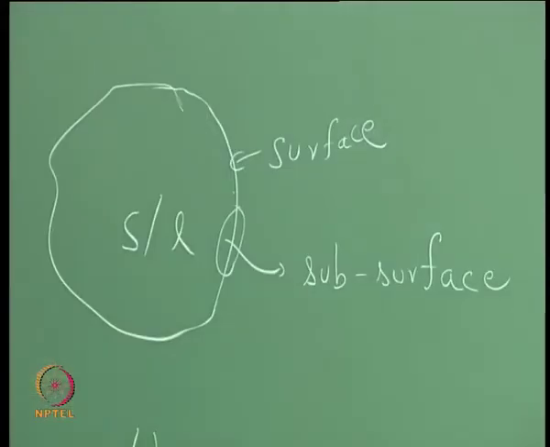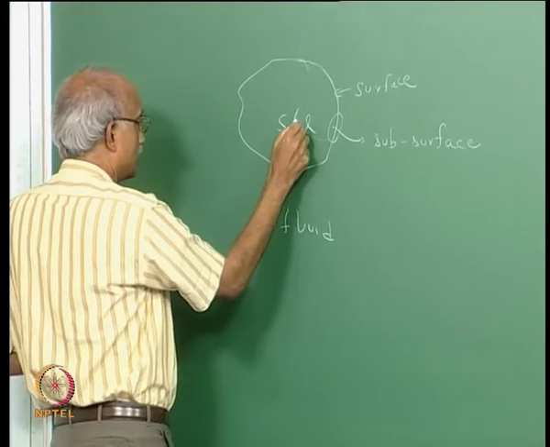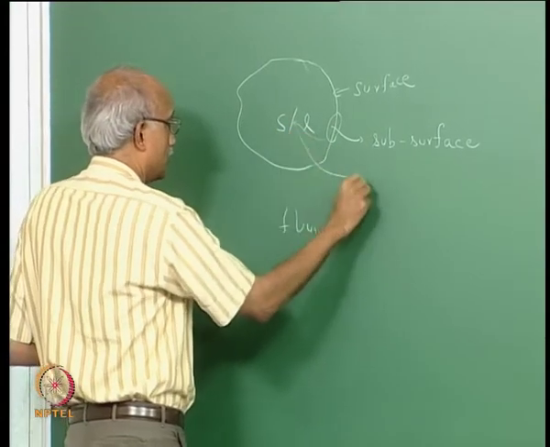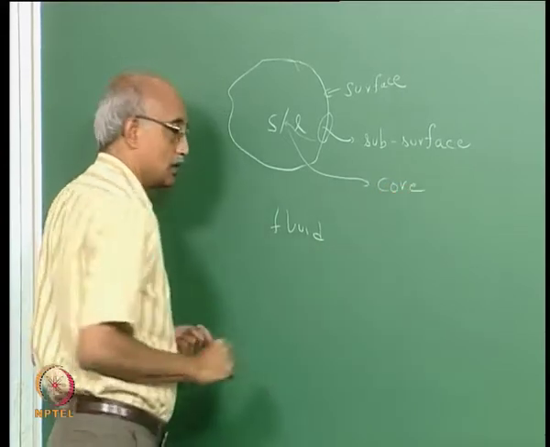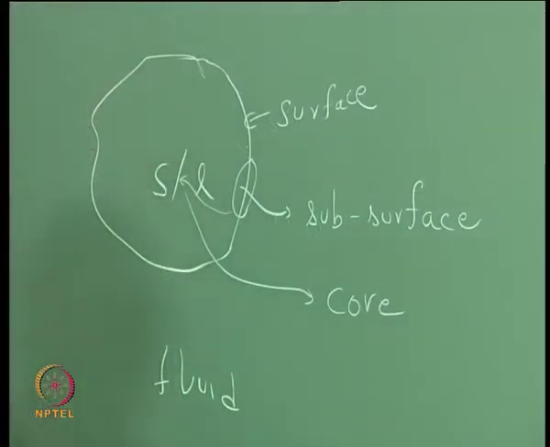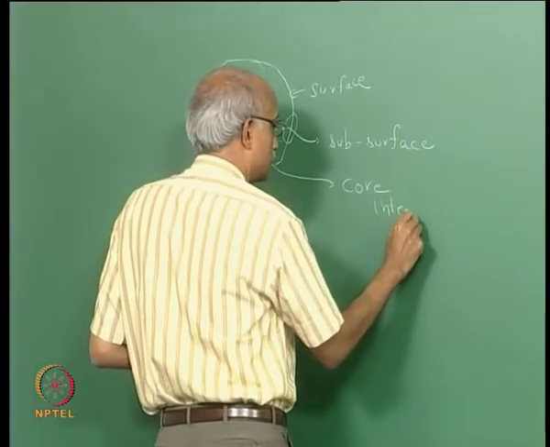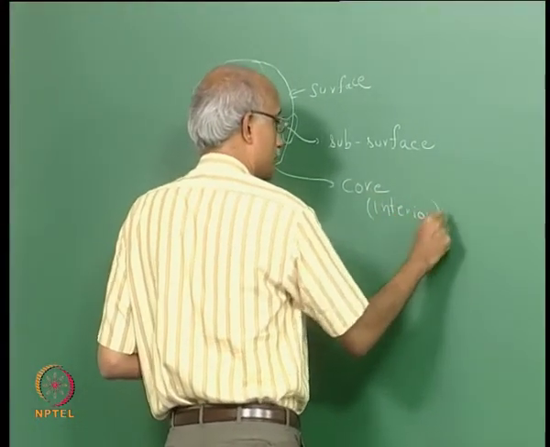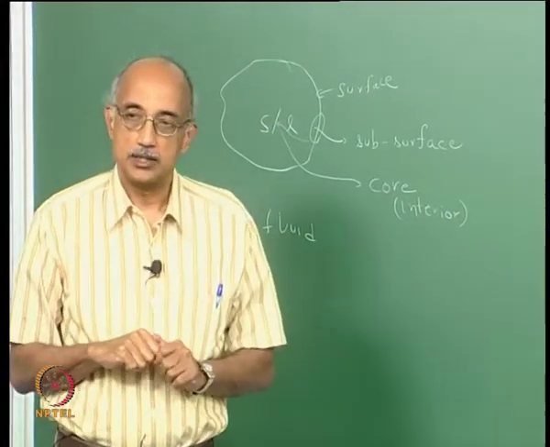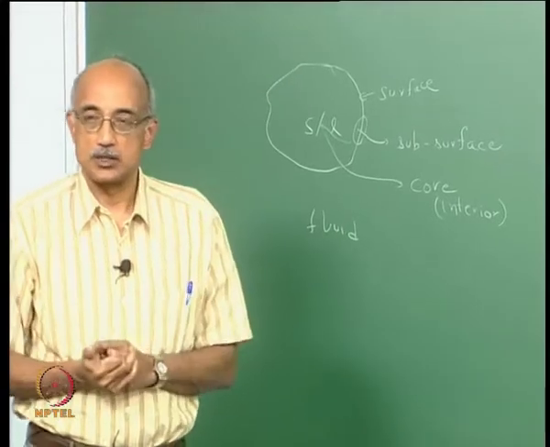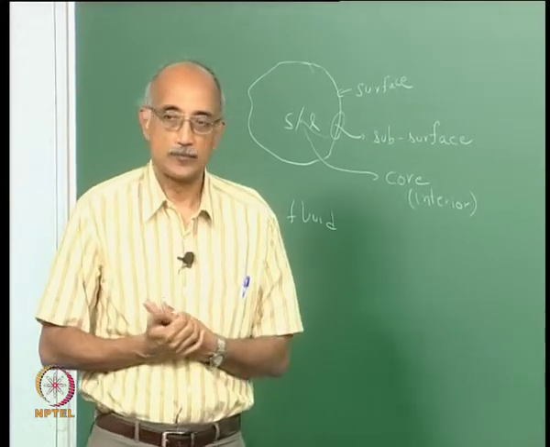And as you keep moving towards the center of the particle, you will eventually reach its core or interior of the particle. So, in terms of the structure of the particle, these are very distinct regions, and we really need to appreciate the similarities and the differences between them.